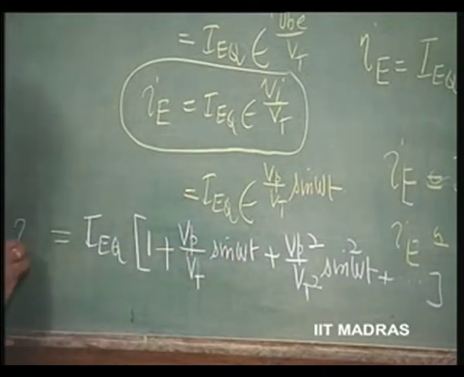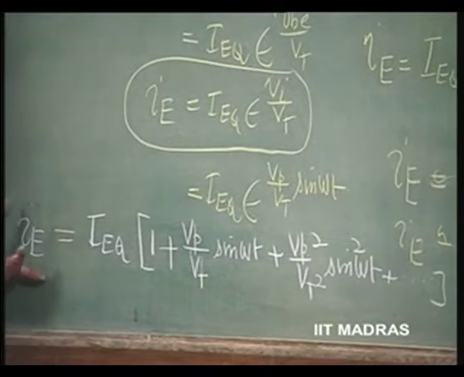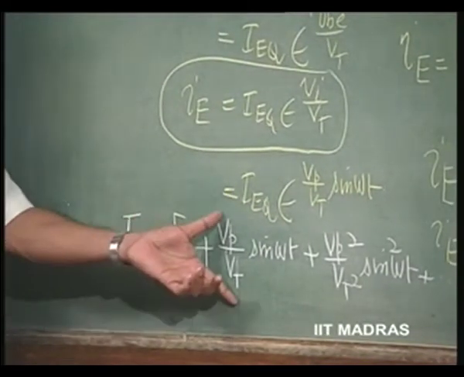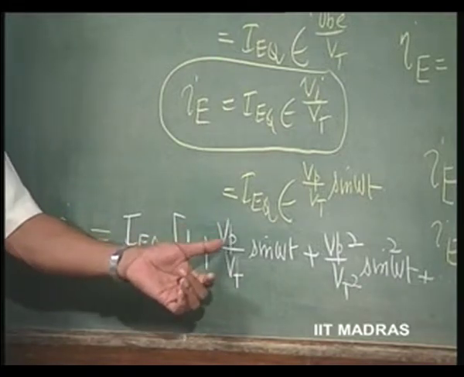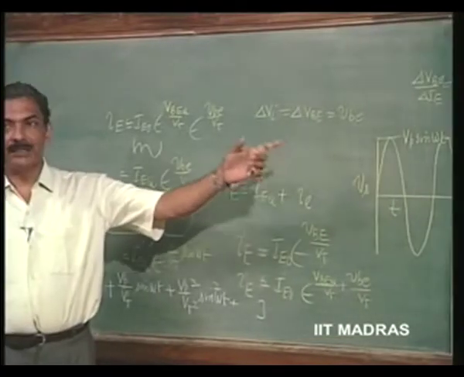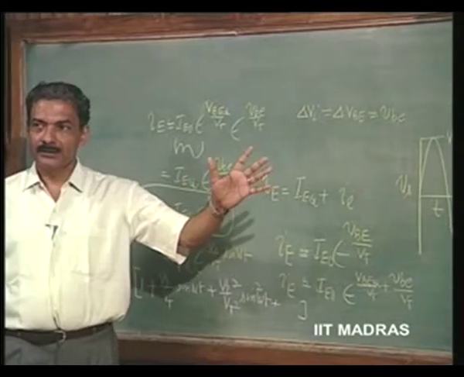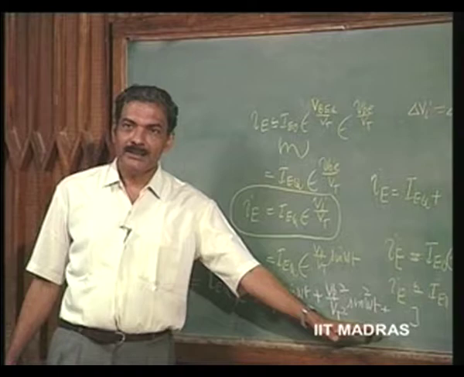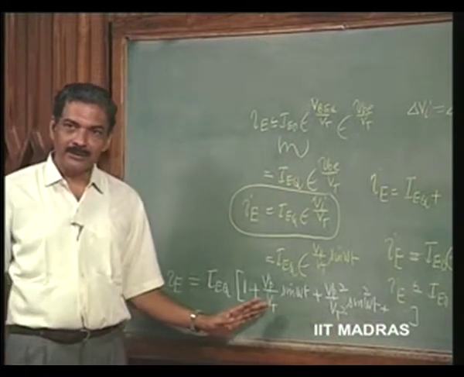Actually, if I want the instantaneous value of the emitter current to be linear with the input voltage, which is Vp sin omega t, linearly related, I want these factors to be very small compared to this factor.